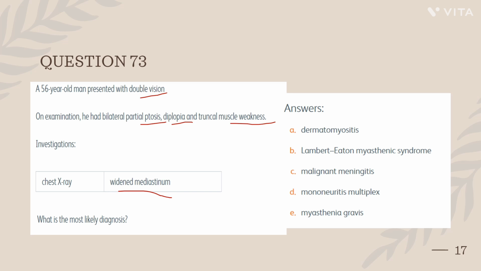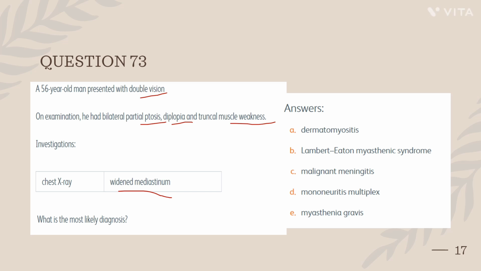Dermatomyositis usually has a heliotrope rash. You can have proximal muscle weakness. Lambert-Eaton myasthenic syndrome: what is it? It affects the presynaptic calcium channel, and it is a paraneoplastic manifestation.